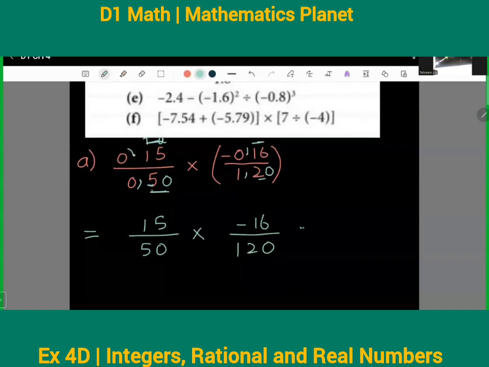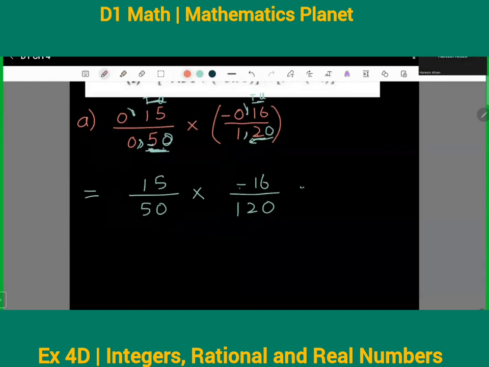But here in the denominator, the decimal is coming after one place. So we will put our zero ourselves to make the decimal come after two places, so we can cancel out the decimals. Similarly, here the decimal is coming after two places, but here the decimal was coming after one place. So we put a zero over here to make the decimal come after two places. So we get minus 16 by 120.